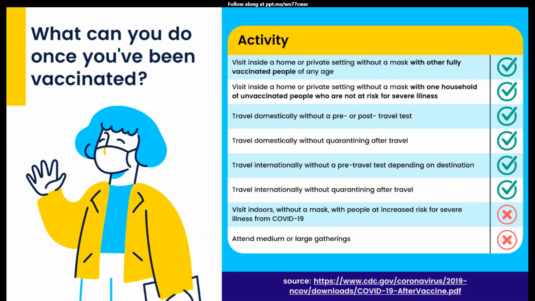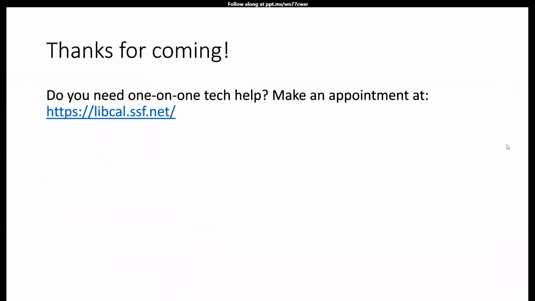However, if you're visiting someone who's at risk of severe COVID, it's not recommended for you to remove your mask indoors with them, and it's not recommended to attend large gatherings, although I think that they're going to start permitting larger gatherings under certain conditions in California starting June 15th. So if you've been looking forward to that, that's the date to look forward to.